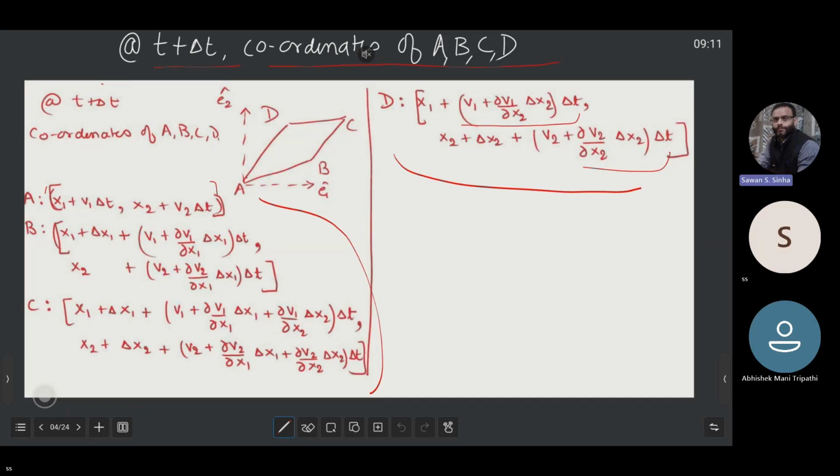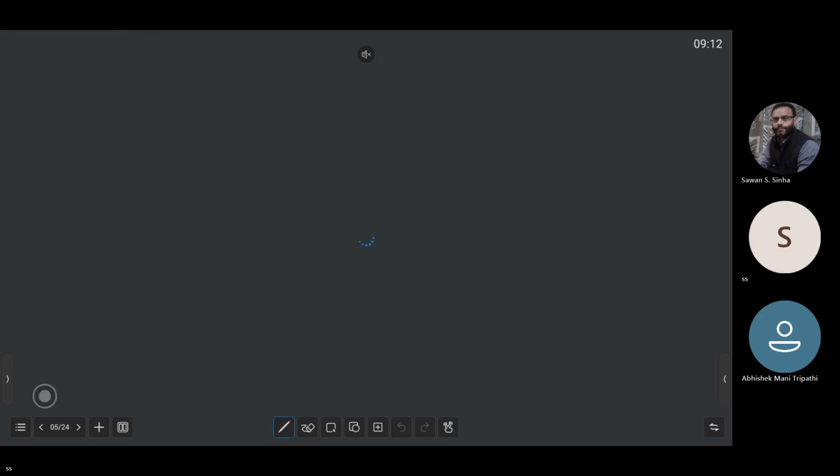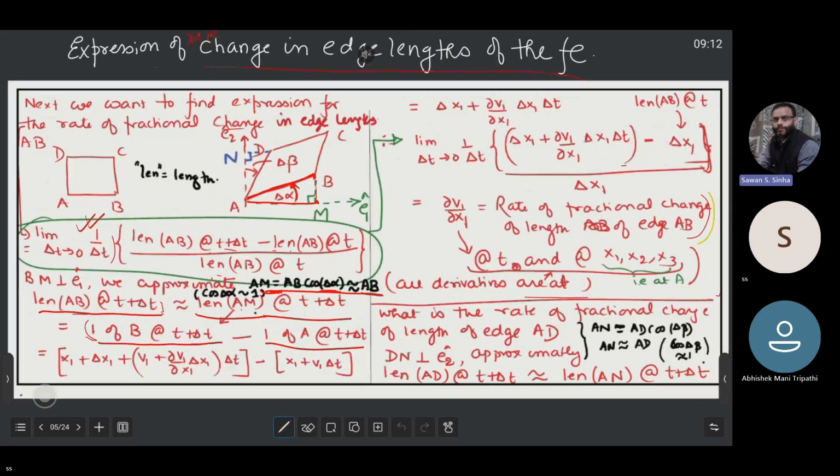I am going to pick up one coordinate of B from here and one coordinate of A and put in this expression here, and that helps me find the length of AB at t plus delta t as this entire thing.